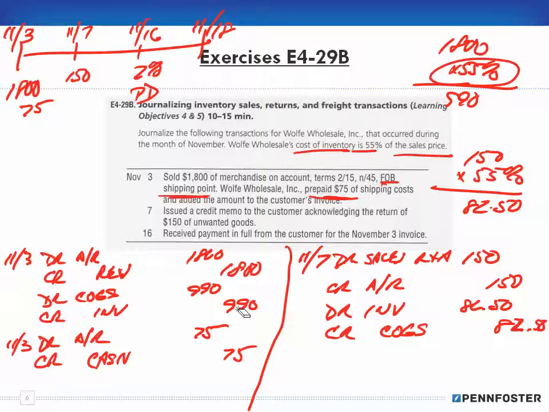Now, on November 16th, and I'm running out of space here, we're going to pay in full. Well, what are we paying? First, let's deal with the accounts receivable. If you had drawn a T account, you saw that your accounts receivable had a debit of $1860 in it, and then you saw a debit of 75, and then a credit of 150.